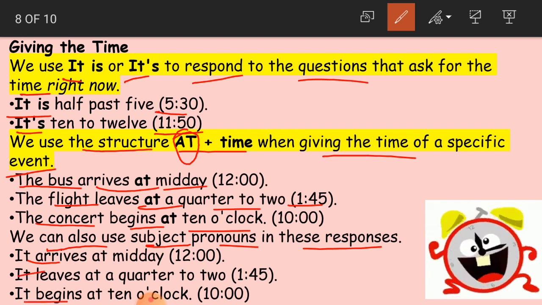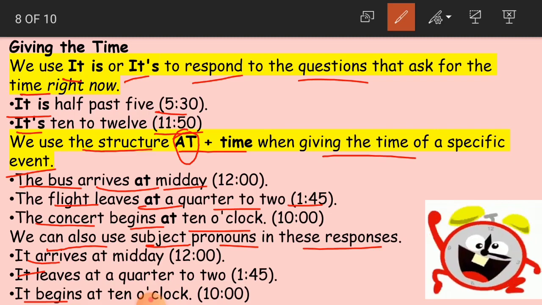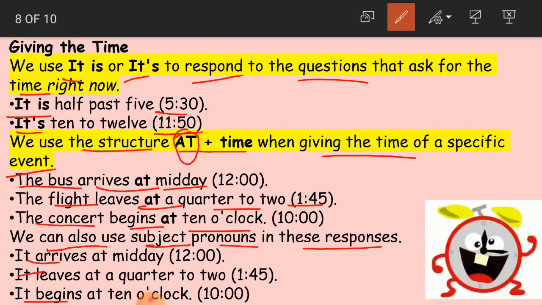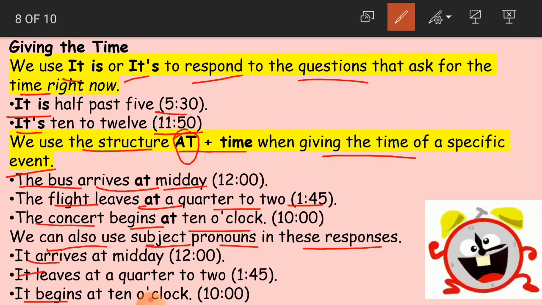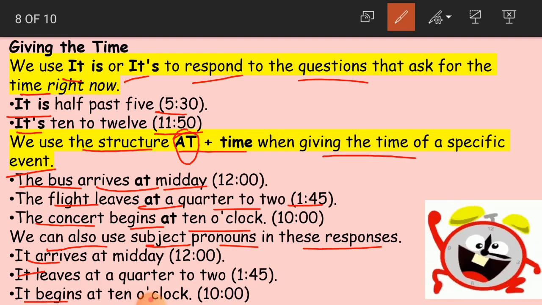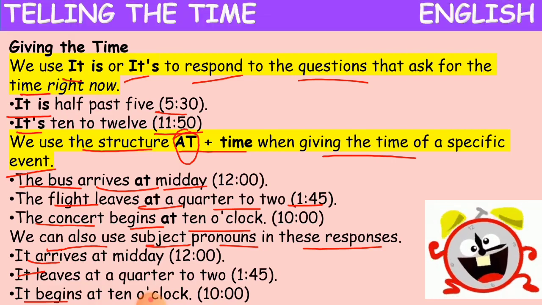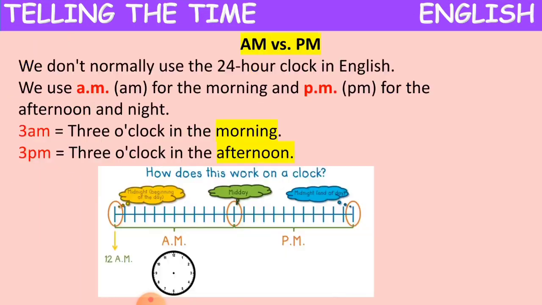Because you both know that you are talking about a bus, a school, a plane, instead of using that particular object name, you can use subject pronouns. Here the object name is nothing but the subject, the bus, the flight and all that. Okay, clear children?